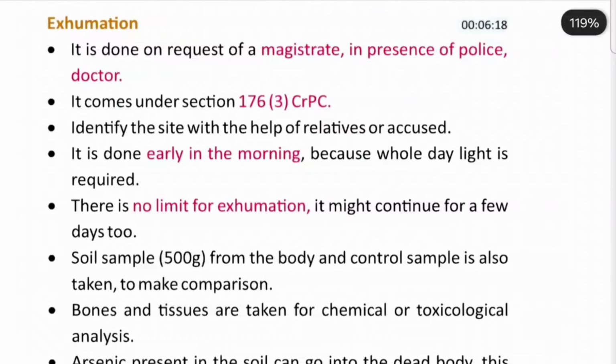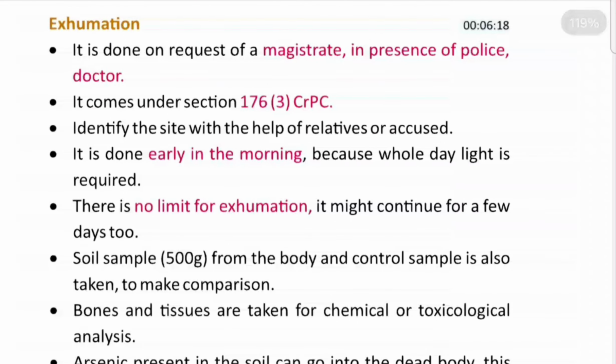Now we will talk about exhumation. What is exhumation? When to perform it? On whose request is it performed? It is done on the request of the magistrate in the presence of police and doctor. It comes under section 176 IPC. This is done to identify the site with the help of relatives or the accused.